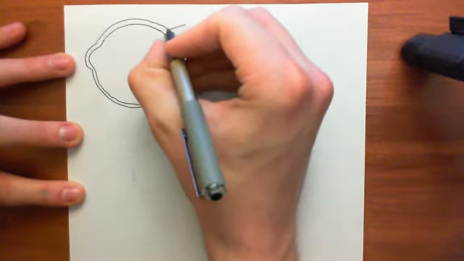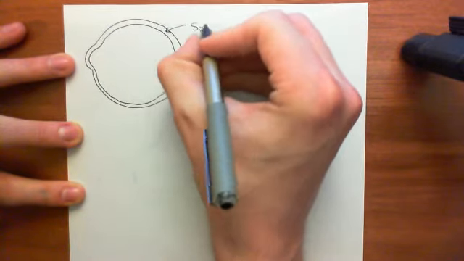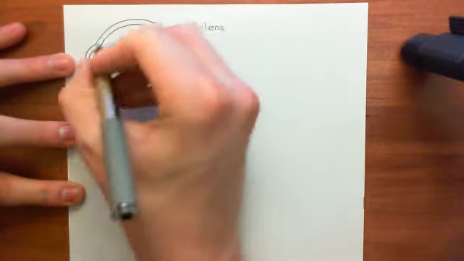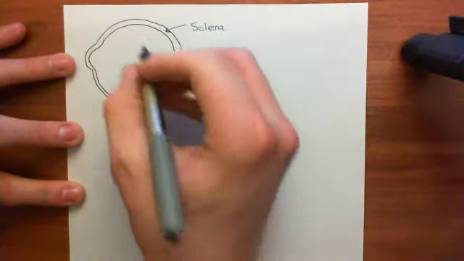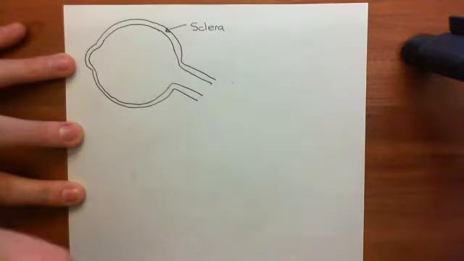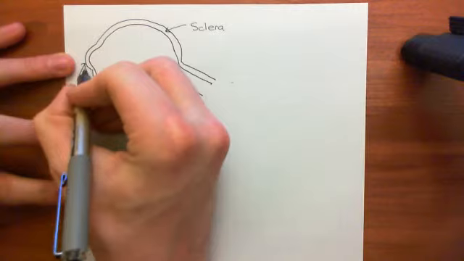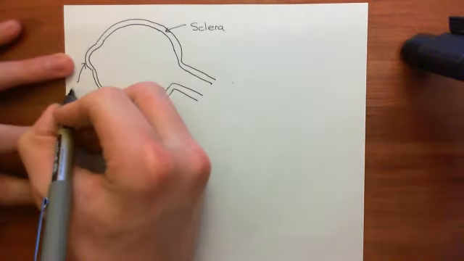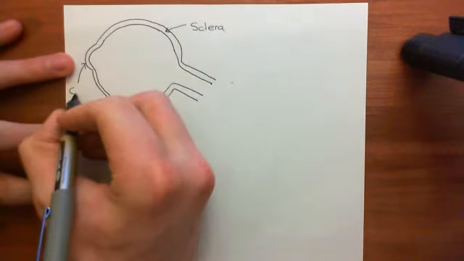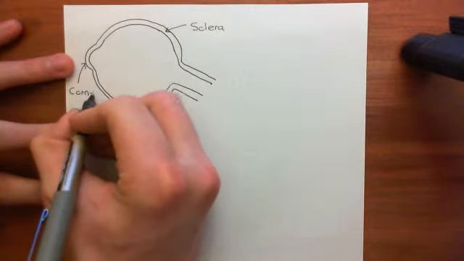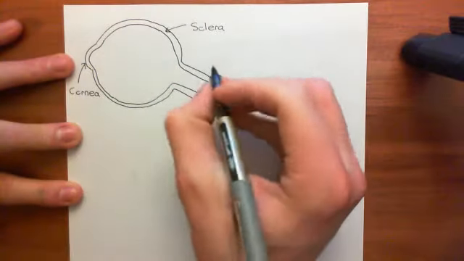So all of this is supposed to represent the sclera. The portion that surrounds most of the eye is called the sclera, and it's the white of the eye. So when you look at the white portion of the eye, that's the sclera. Right at the front, where it covers the iris, it protrudes a little bit, and this portion is called the cornea.